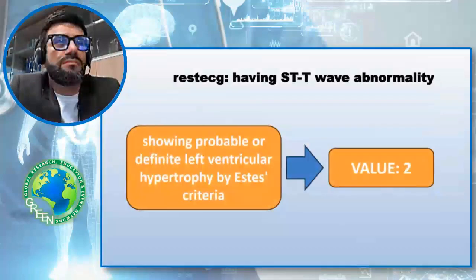On the next slide, the value 2 means left ventricular hypertrophy by Estes criteria. It indicates probable or definite left ventricular hypertrophy, LVH, which is an enlargement or thickening of the walls of the heart's left ventricle.